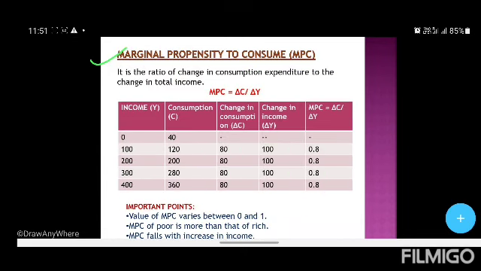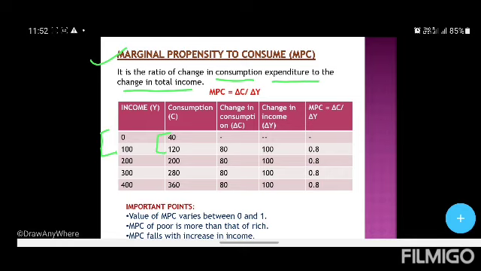Further, we have marginal propensity to consume. It is the ratio of change in consumption expenditure to change in total income. It means how the addition in income is changing or adding to the consumption.